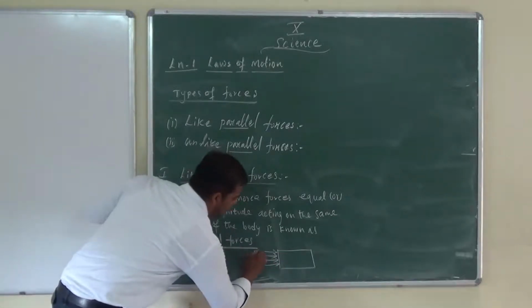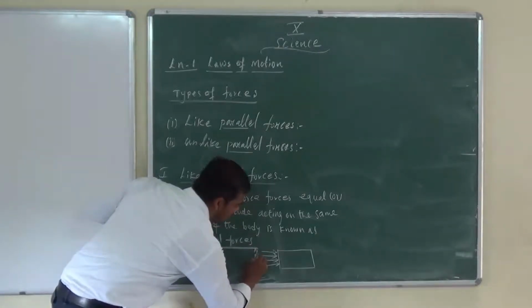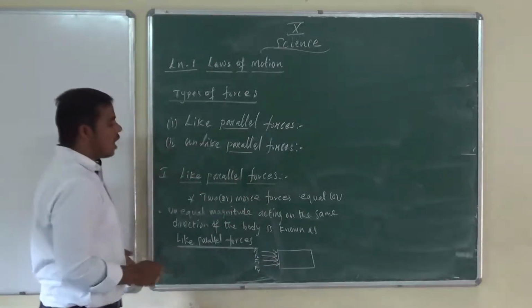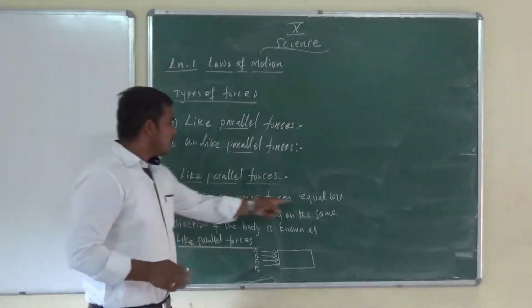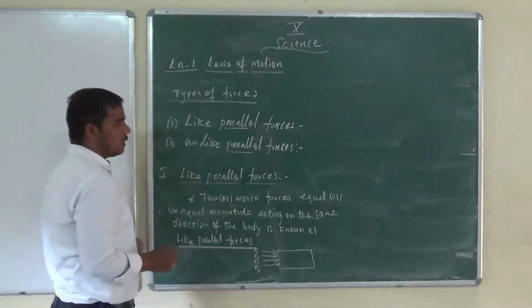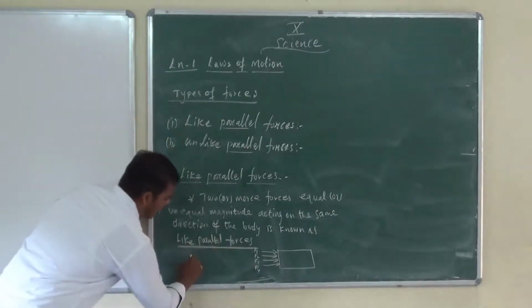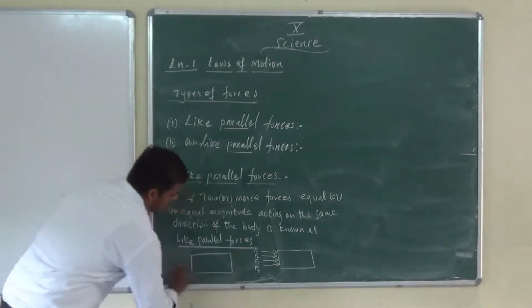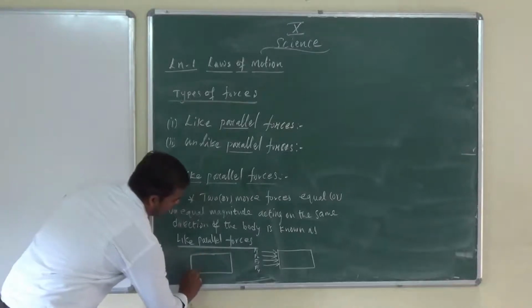We can represent F1, F2, F3, F4. This is equal magnitude. I will show how unequal magnitude looks with another rectangular object.